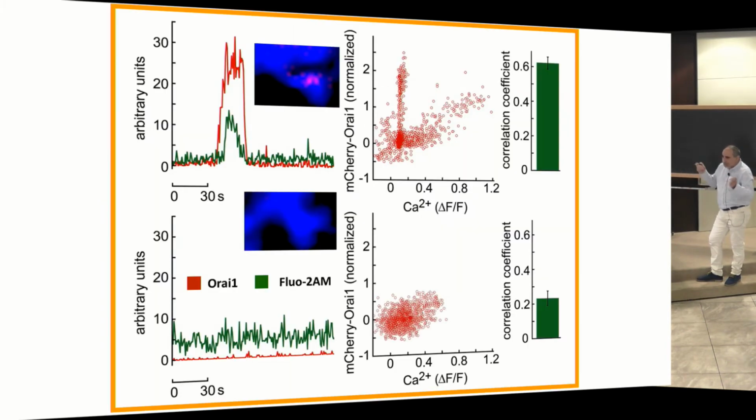So if we put several cases together, we can consider that for some spines, first ORI appears, so the red is increased because of ORI, then calcium can go up, and then ORI leaves and calcium recovers, and without ORI nothing happens, it's just a straight line.